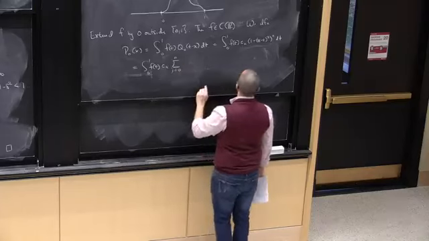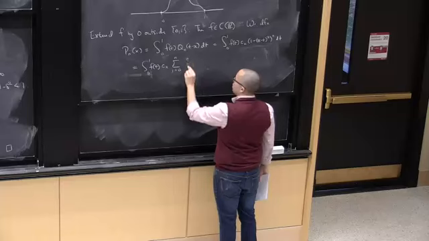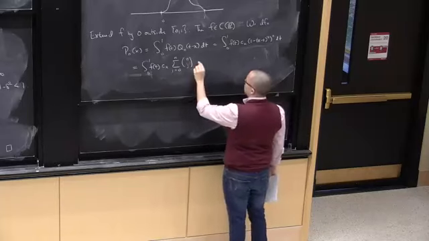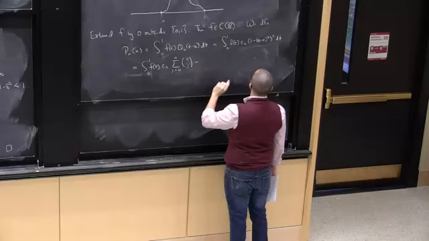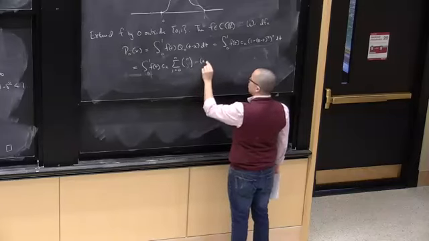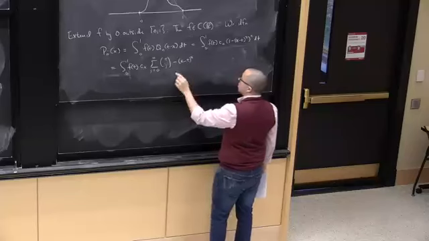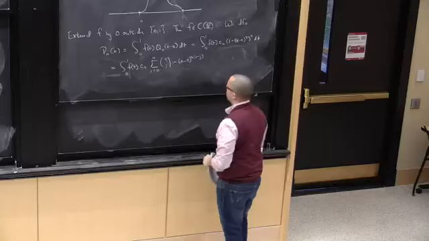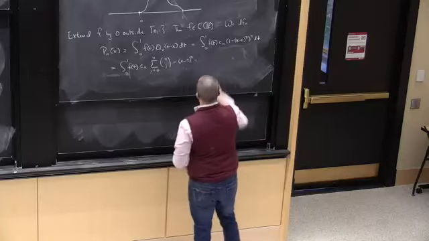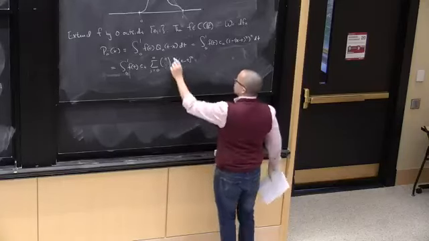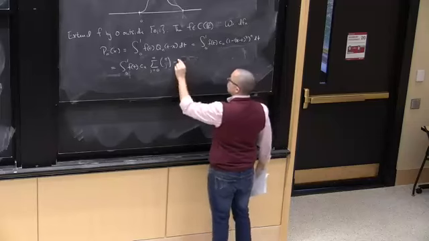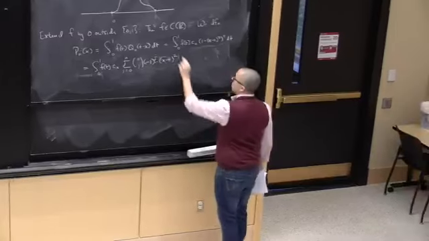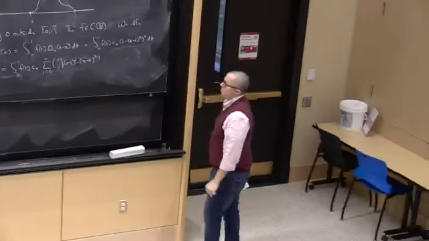This is equal to the sum over j from 0 to n of n choose j, minus 1 to the j, times x minus t squared raised to the 2j, and then dt.